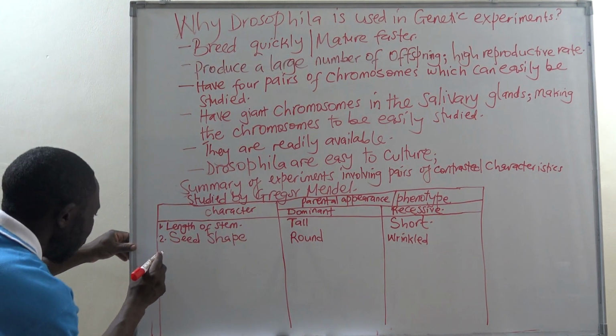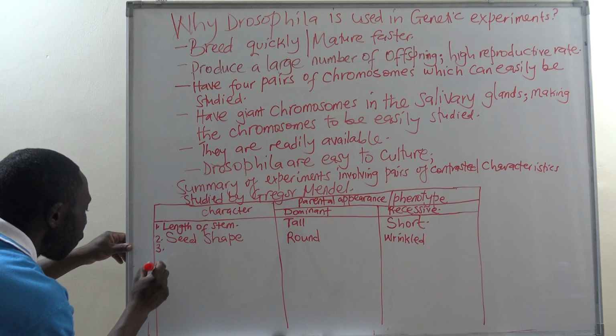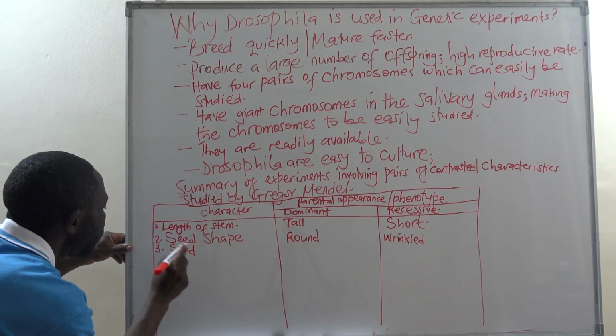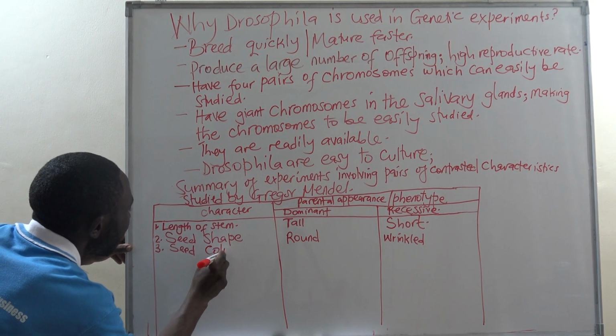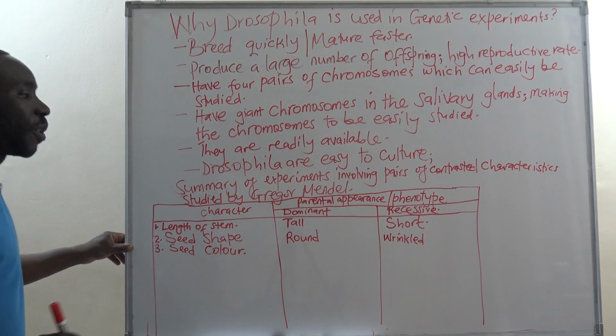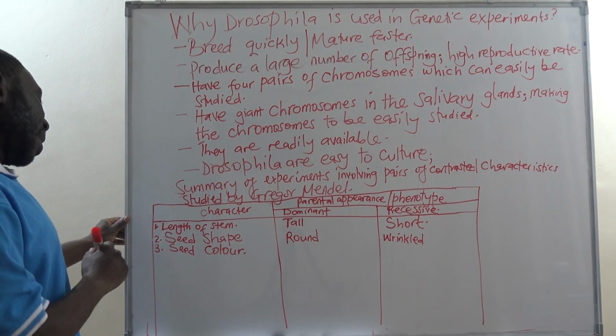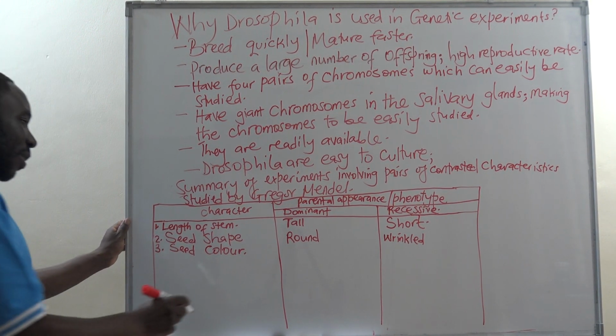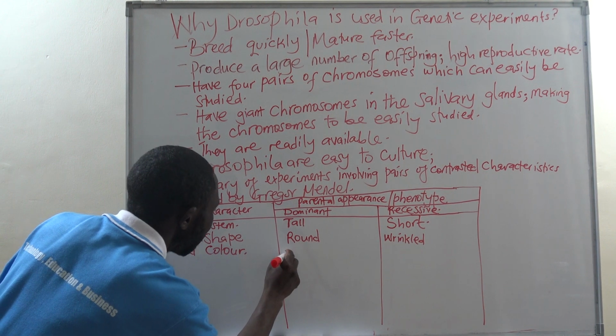Now, number three, we have seed color, the color of the seed. The dominant character is yellow.